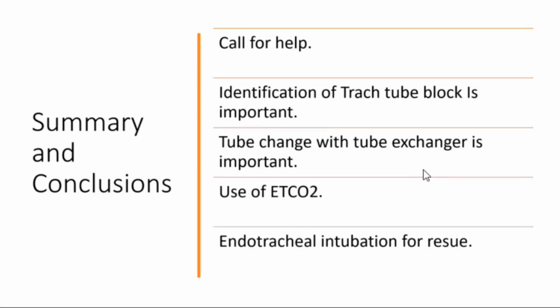I think it's also a supraglottic airway type of device. If you can use it, you can probably try it. Even with a supraglottic airway, you can give a try with a tube exchanger, trying to pass it through the supraglottic airway. Sometimes, if you are lucky, it goes through.